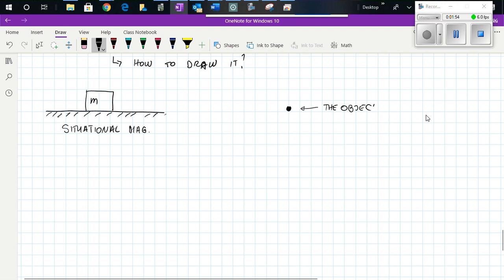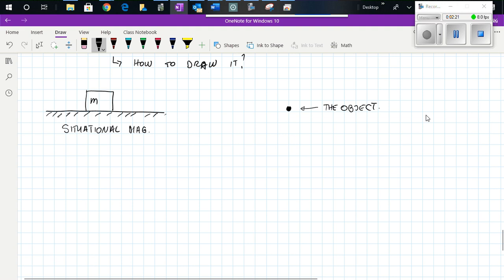When you go to a higher level of physics, you will see that this dot is the center of mass of the object, a point on the object where all the mass of the object is accumulated. So it's a dot that has the whole mass of the object on it.